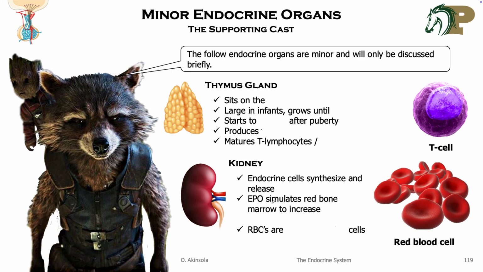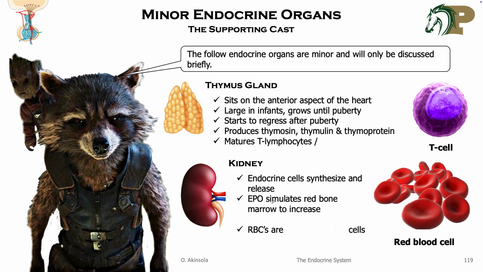All right, so let's end this video by talking about the minor endocrine organs. So here we have the thymus gland, which we're going to talk about first. So again, that's going to sit on the anterior aspect of the heart. Large in infants, grows until puberty, will start to regress after puberty.